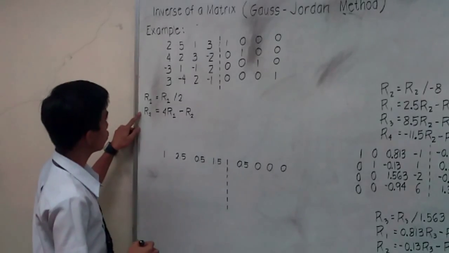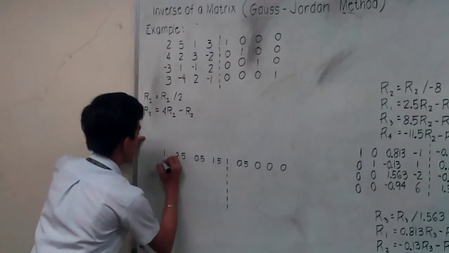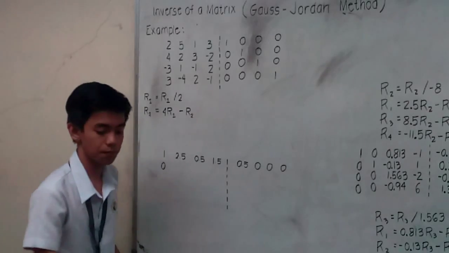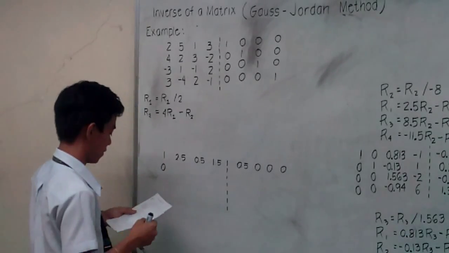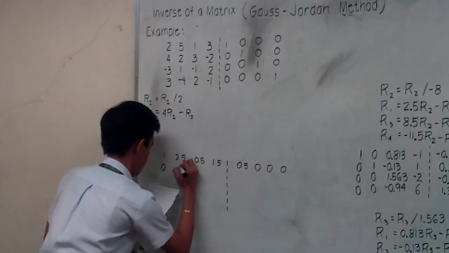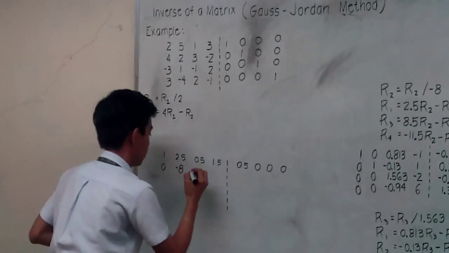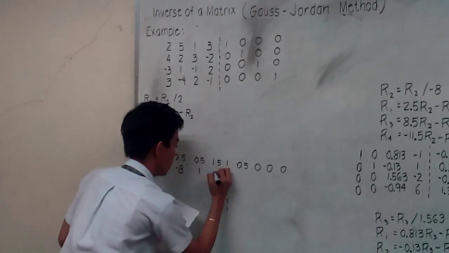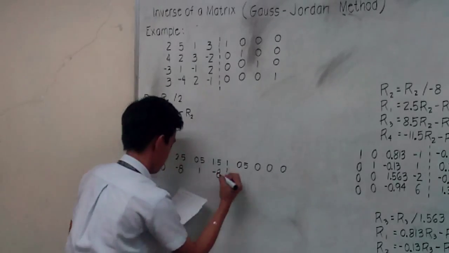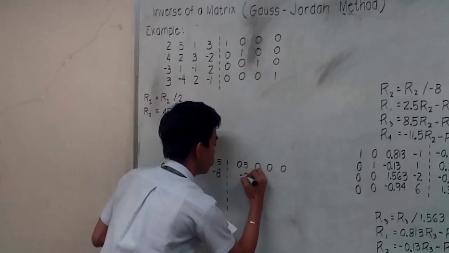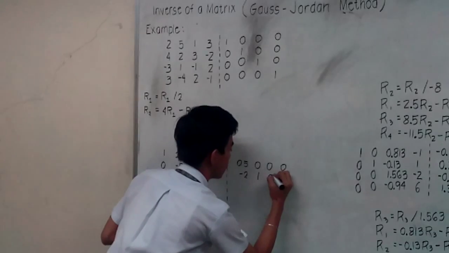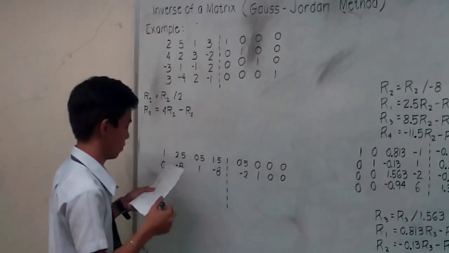This will result in 0, negative 8, 1, negative 8, negative 2, 1, 0, 0.